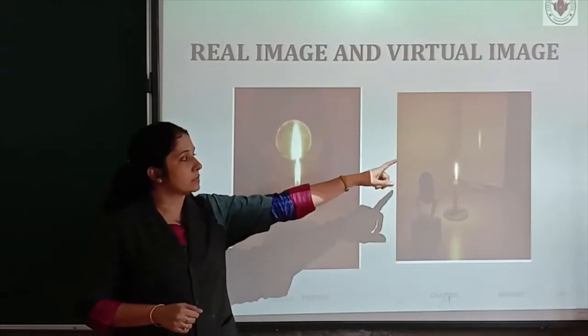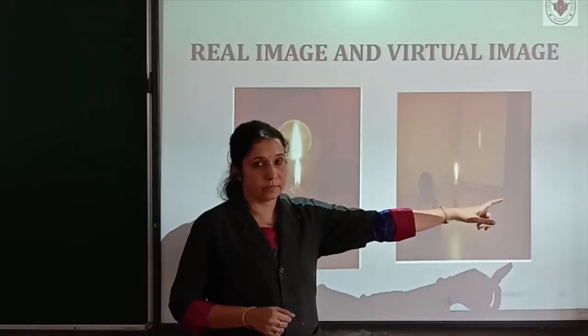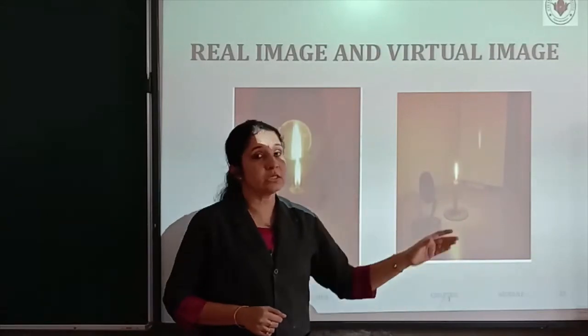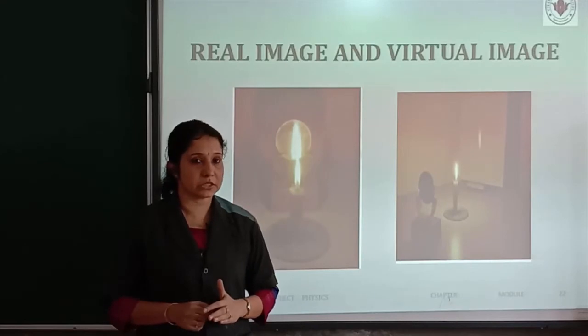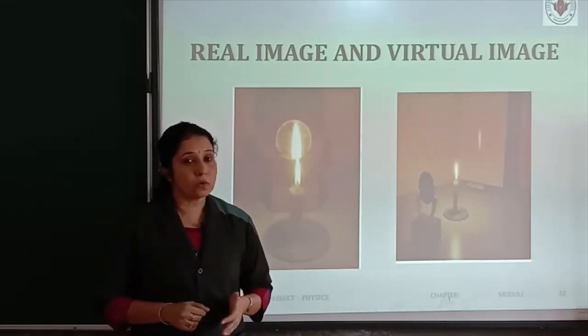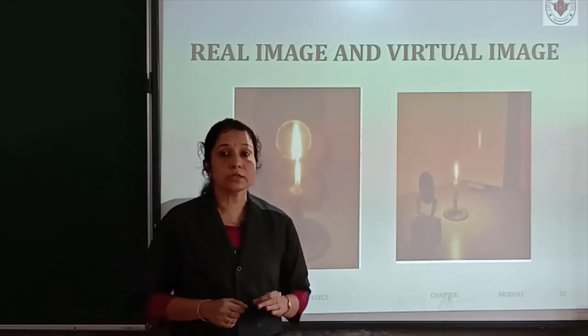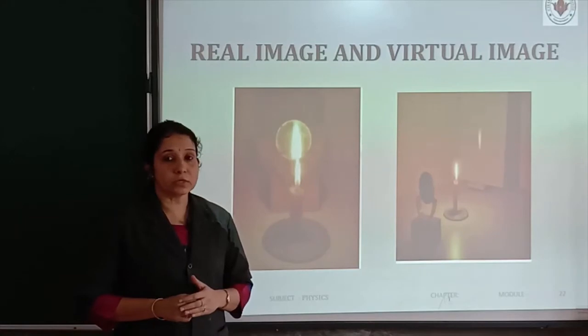And you observe one more thing, that the image is inverted. This kind of image which can be obtained on a screen is called a real image, and the speciality of a real image is that it is inverted.